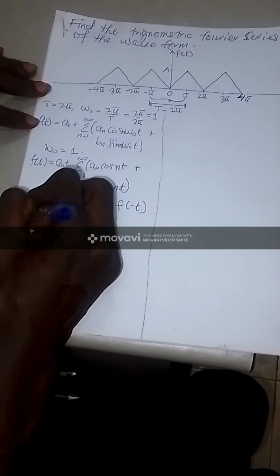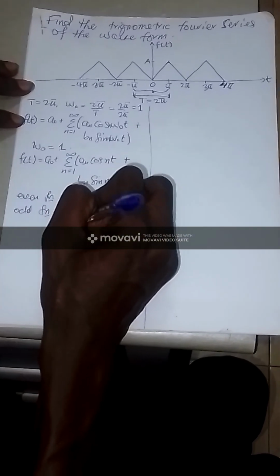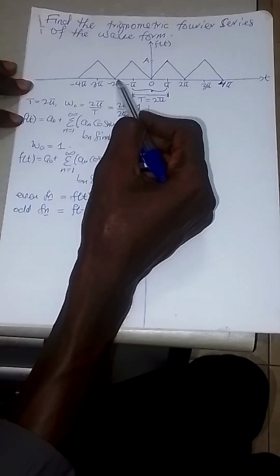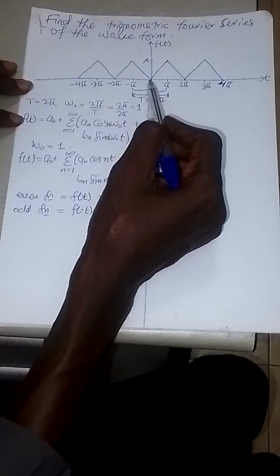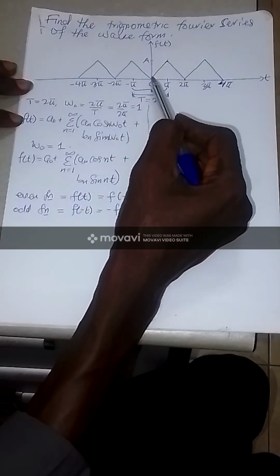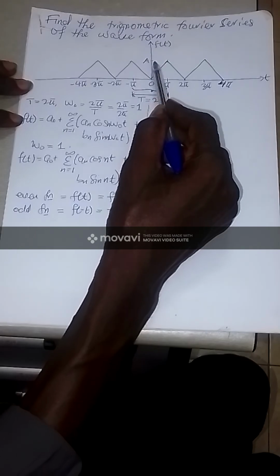And for an odd function, f of minus t is equal to minus f of t. So now here, if you look, minus 2 pi to 0, which is the negative aspect of the waveform, is A. And then 0 to 2 pi, which is the positive aspect of the waveform, is also A.